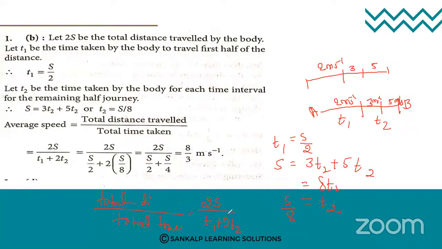Because the next interval is divided into two parts again, so it becomes T2 plus T2. So instead of that you just write 2T2, which is equal to, substituting, 2s divided by (s by 2 plus 2 into s by 8). So simplify and check whether you are getting option B or not. Let's check. Getting option B.